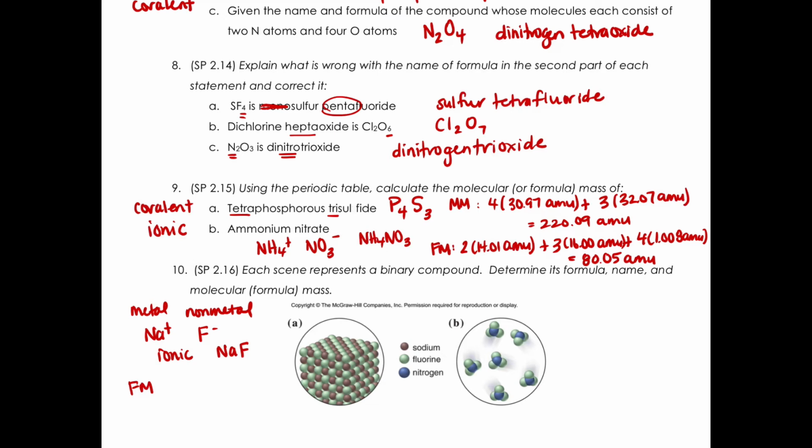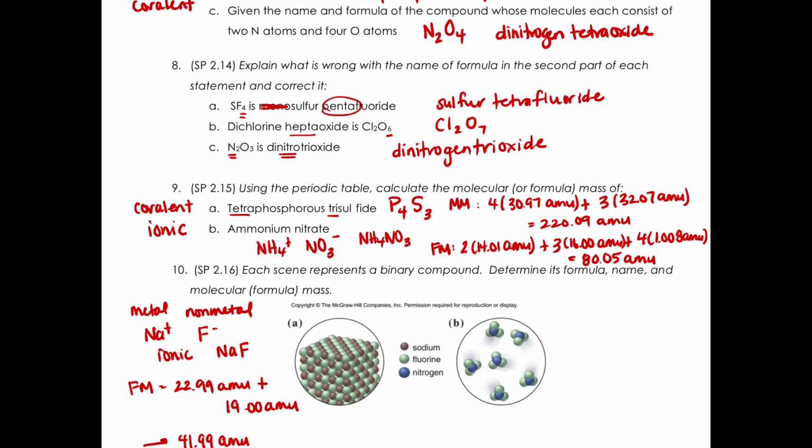So that formula mass is the mass of 1 sodium cation, 1 sodium atom, which is 22.99 atomic mass units, plus 1 fluoride atom, which is 19.00 atomic mass units. Add them together and you get the formula mass for sodium fluoride as 41.99 atomic mass units.